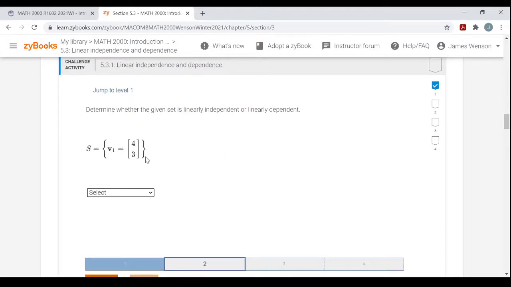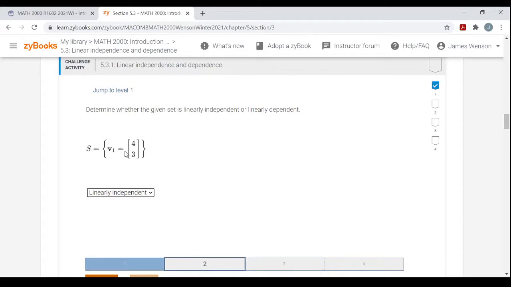All right, a set with one vector, as long as it's not the 0 vector, right? A set with one non-zero vector is independent. Now, I know you can't see my choices, but here, linearly independent. Because if I take a1 times v1 here and set it equal to the 0 vector, the only one that's going to work is a1 equals 0.